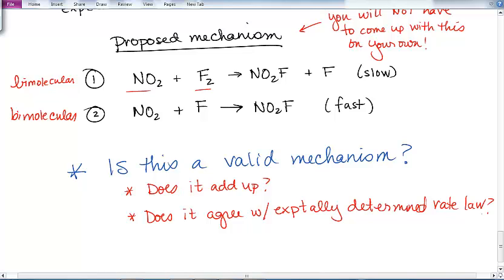Always do the add up one first. It's the super easiest one to do. You can almost eyeball it, but if it doesn't add up, you can stop right there. It's not valid.